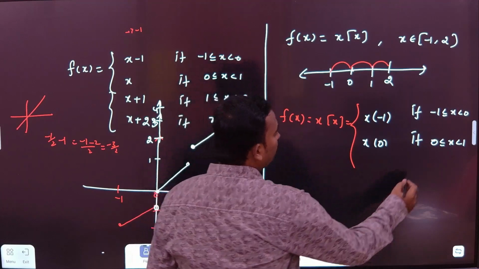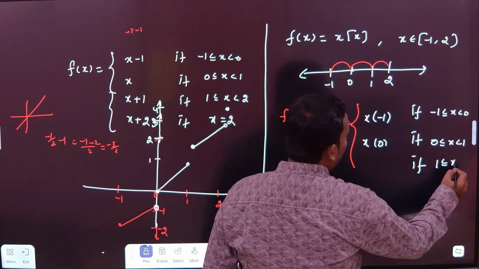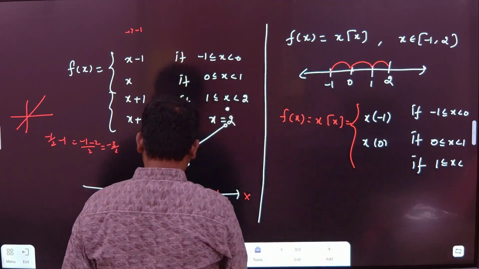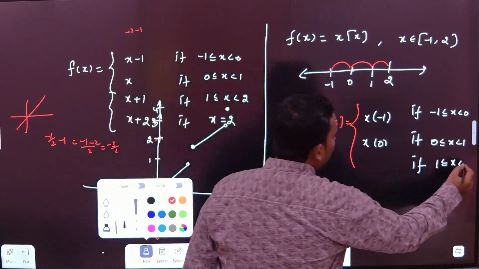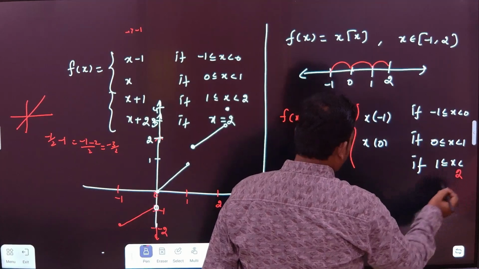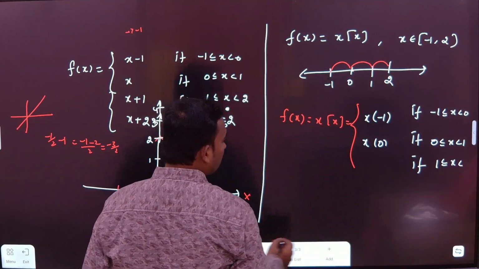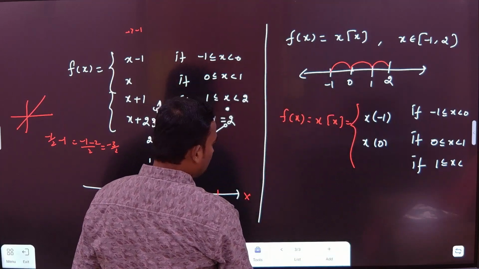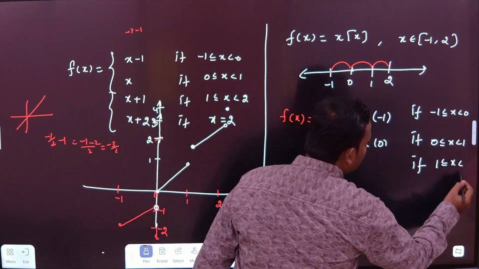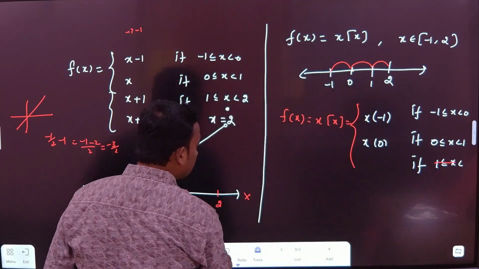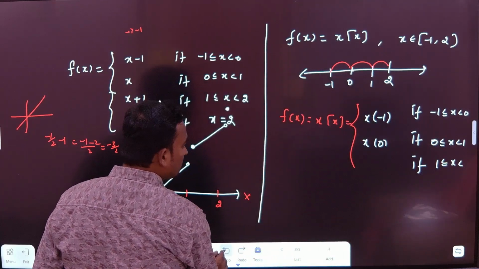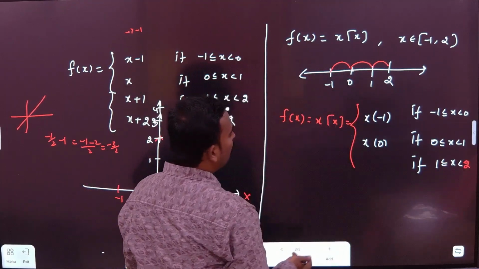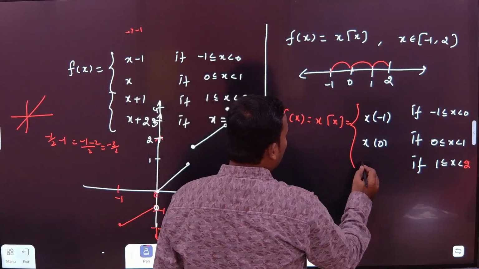Next, if x is 1 to 2, in this interval, the greatest integer value is 1, right?